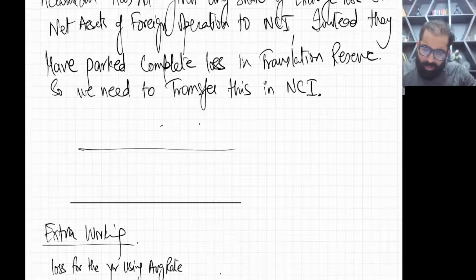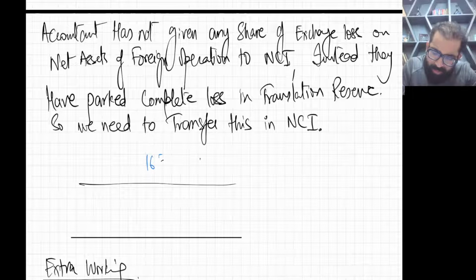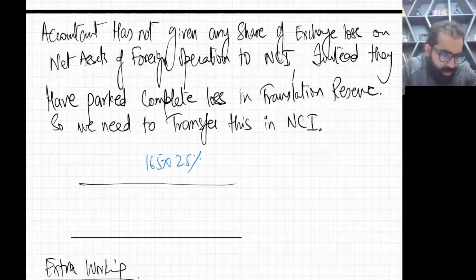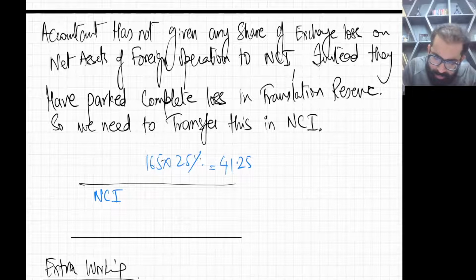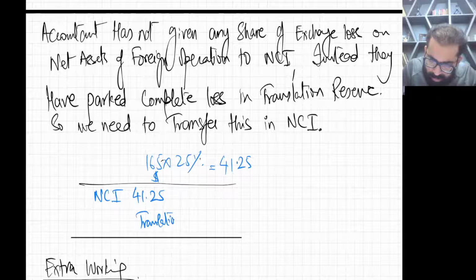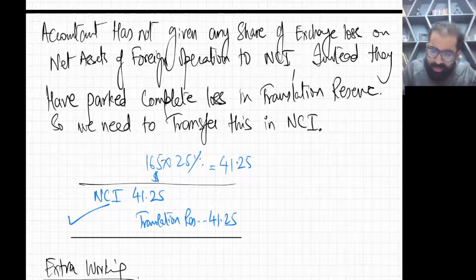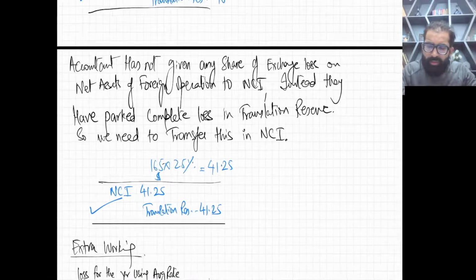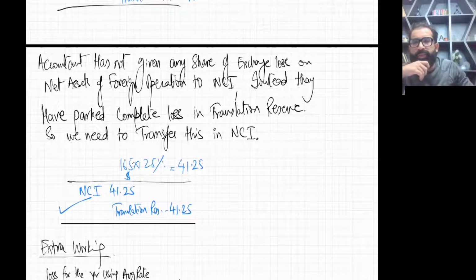So I will do 165 multiplied by 25%, which is 41.25. As it is a loss, NCI will be debited by 41.25 and translation reserve will be credited by 41.25. This is the last correcting entry of the practical area of today's question.